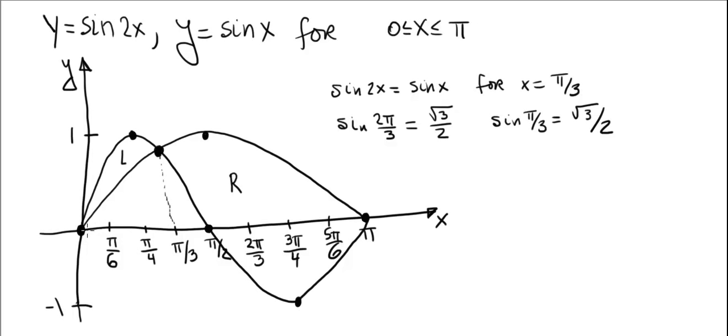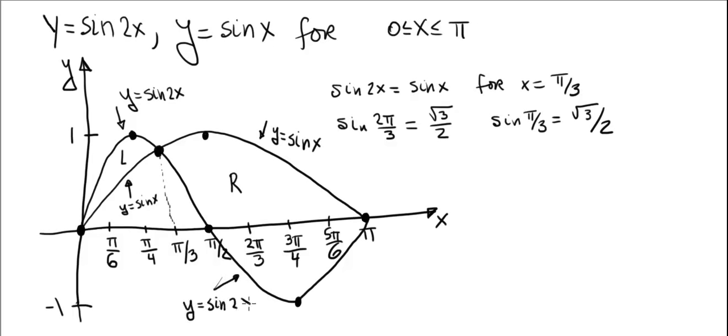Now, over the interval from 0 to pi over 3, the top function is sine 2x, and the bottom function right here is sine x. Over the interval from pi over 3 to pi, the top function is sine x, and the bottom function is sine of 2x.